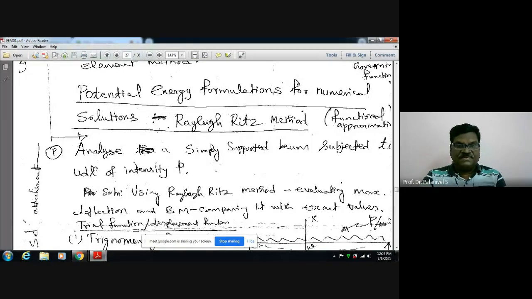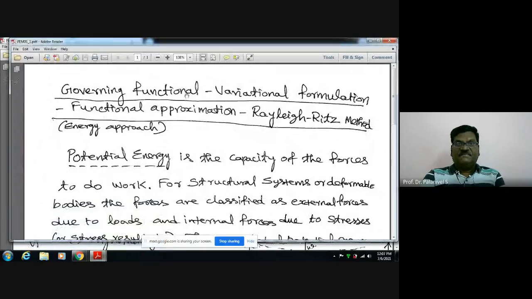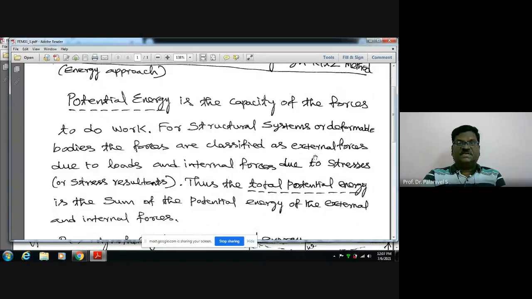Whatever I discussed, I have given in notes here. See here: governing functional, variational formulation, functional approximation, Rayleigh-Ritz method. This is the energy approach. Potential energy is the capacity of the forces to do work. For a structural system or deformable bodies, the forces are classified as external forces due to loads and internal forces due to stresses or stress resultants.